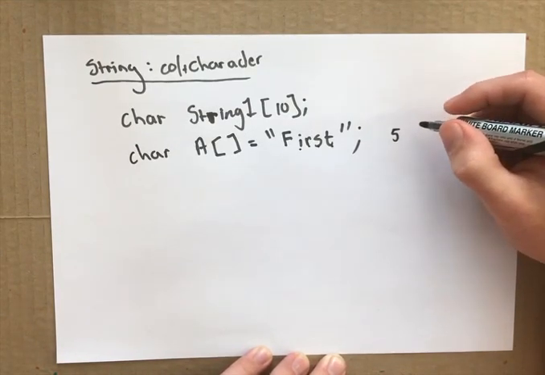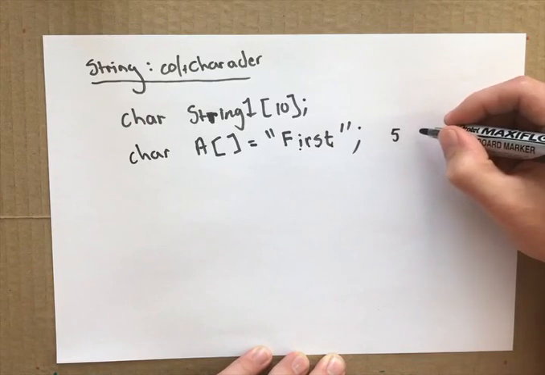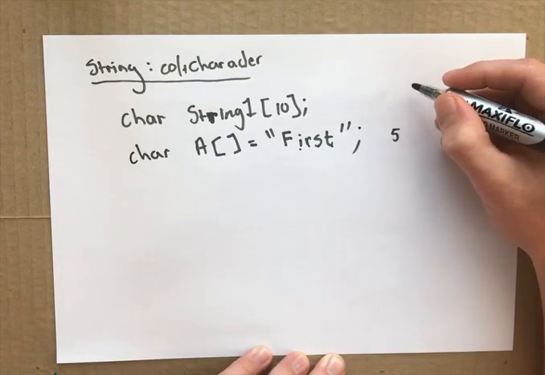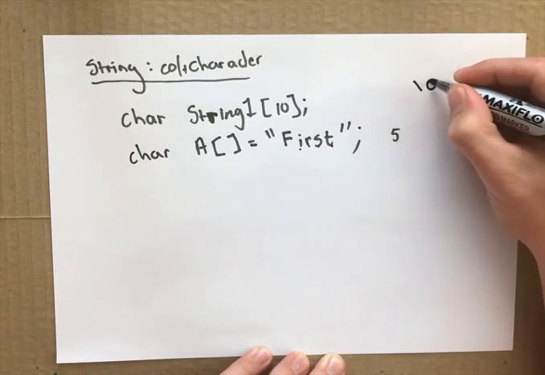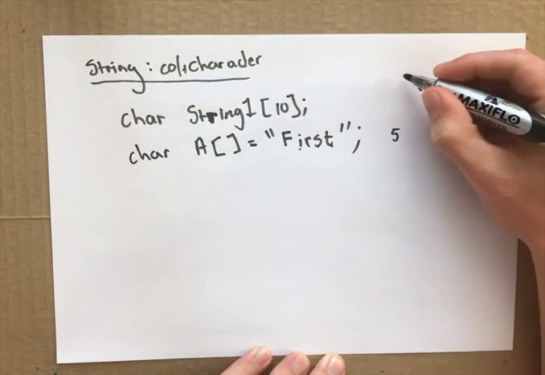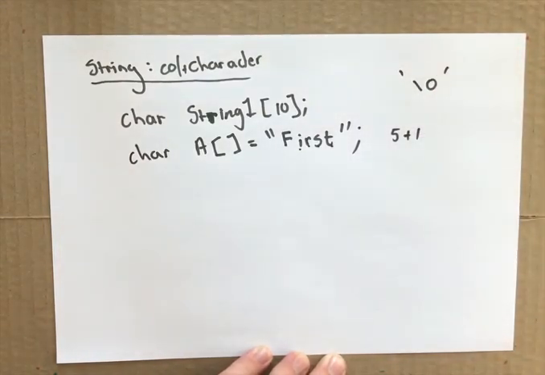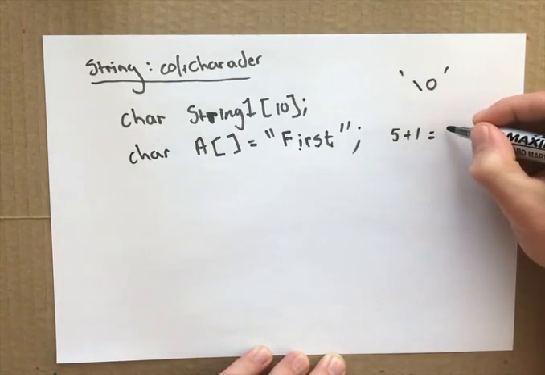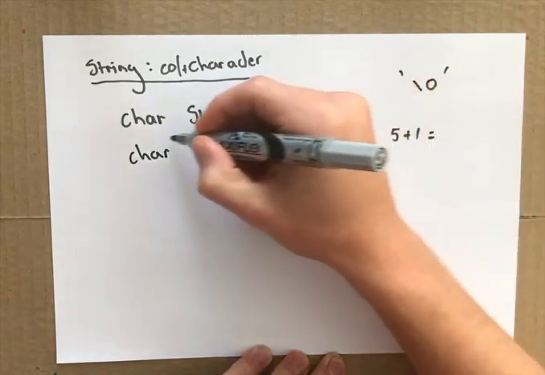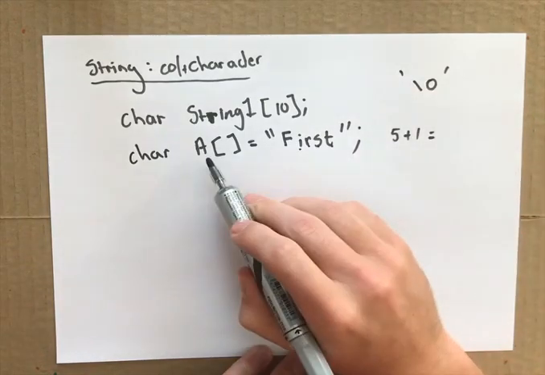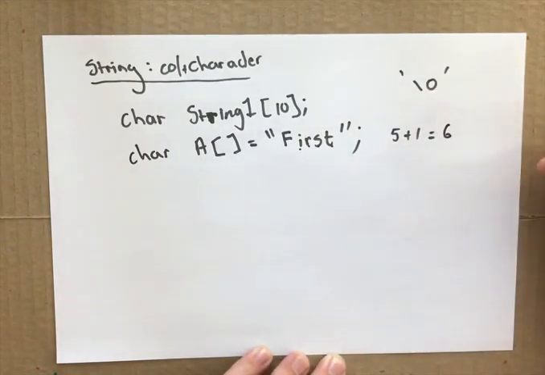That special character is called your null character, and it looks something like this. Okay, so that's the basics of a string. In actual fact, this string called A has a size of 6.